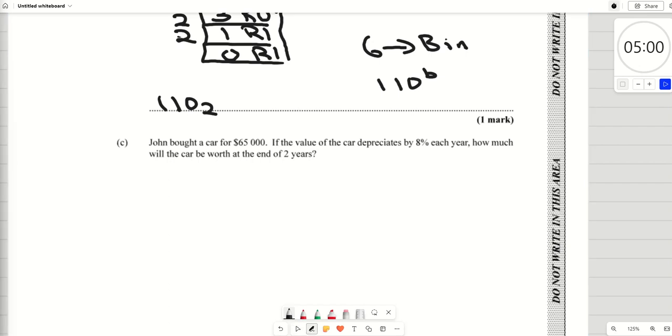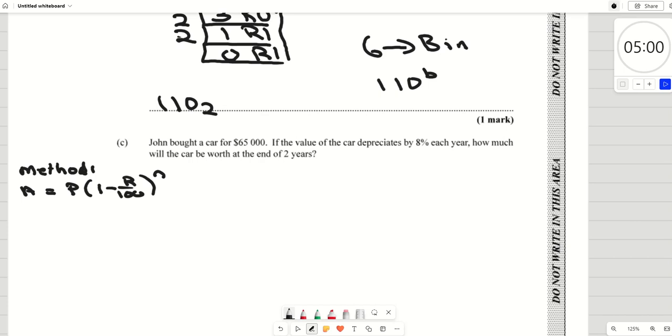there are two ways to do it. Method one is where you use your formula of depreciation. So the formula is amount is equal to your principal multiplied by 1 subtract your rate over 100, all to the power of n, which is the number of years.